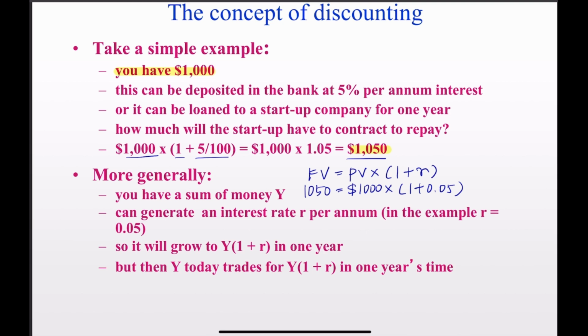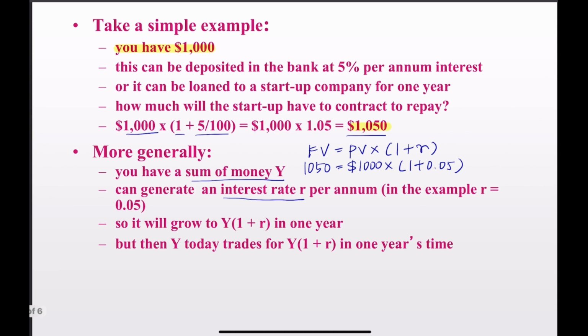Okay, so this is the basic idea of discounting. More generally, if you have a sum of money Y and the interest rate is R in a year, it will grow to Y times 1 plus R in a year.